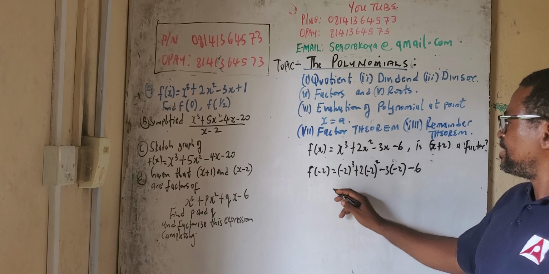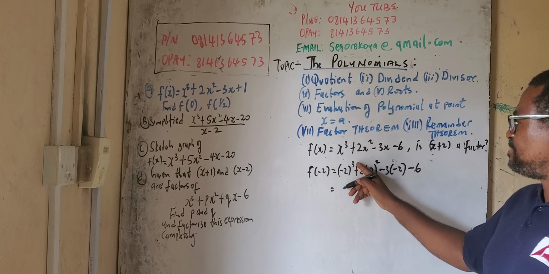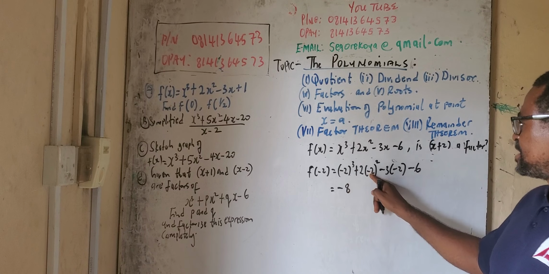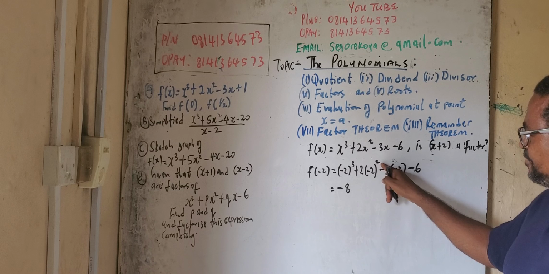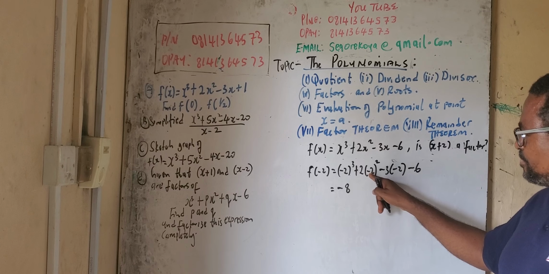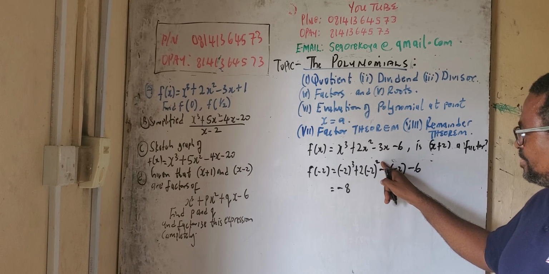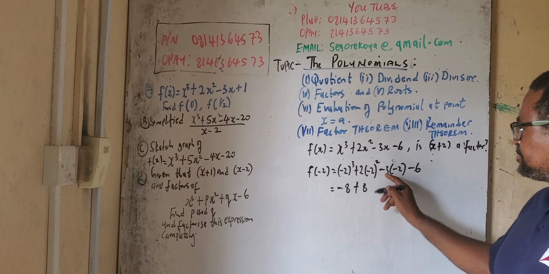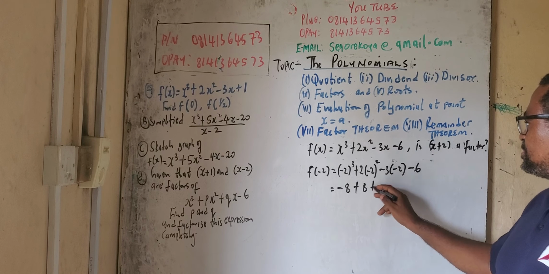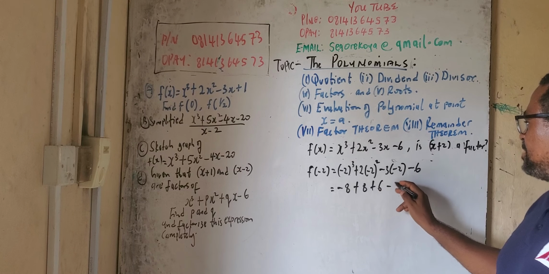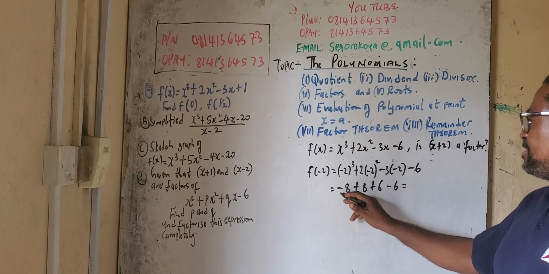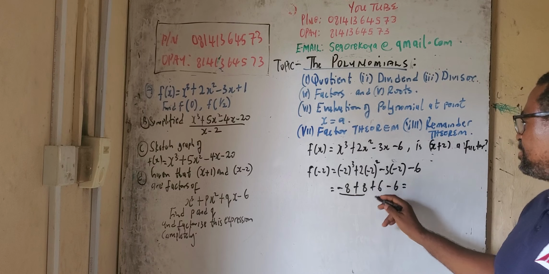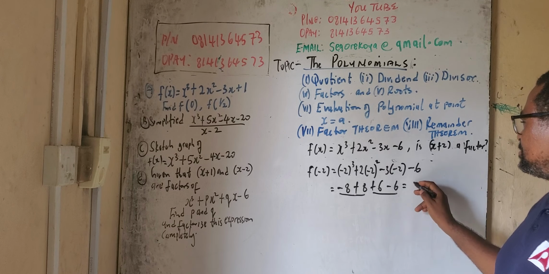So here, minus 2 raised to power 3 gives us minus 8. Here, because the power is even, my answer will be plus. 2 raised to power 2 is 4. 4 times 2 gives us plus 8. Minus times minus will give us plus. 3 times 2 will give us 6, minus 6. Can you see now? Minus 8 plus 8, 0. Minus 6 plus 6, 0. So we are getting 0.